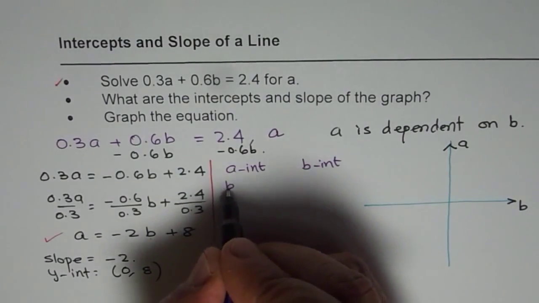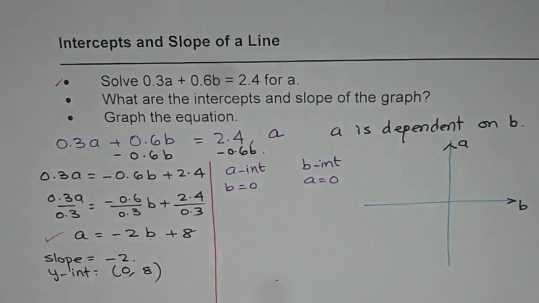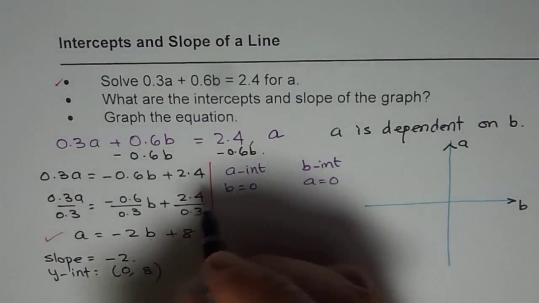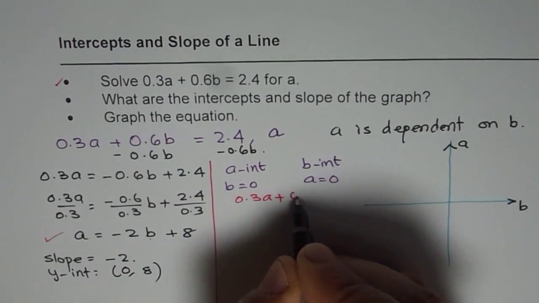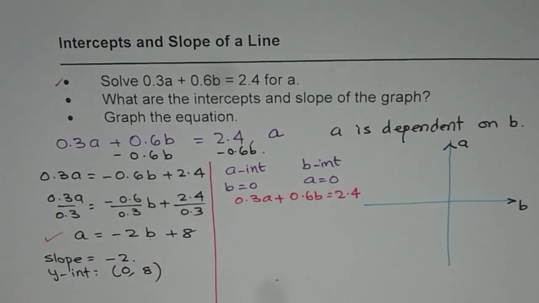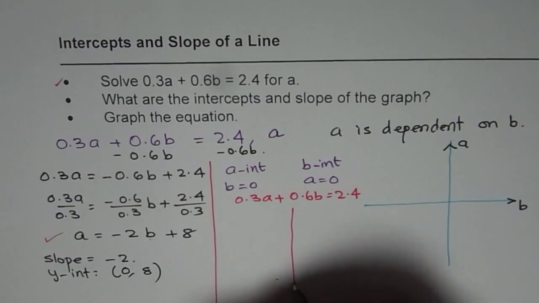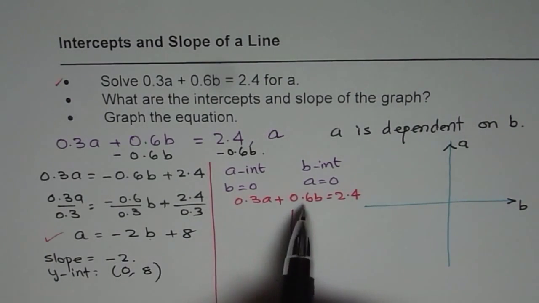A-intercept means b equals 0, b-intercept means a equals 0, and the equation we are going to use is the original equation, 0.3a plus 0.6b equals 2.4. To find the a-intercept, I'll substitute b as 0.